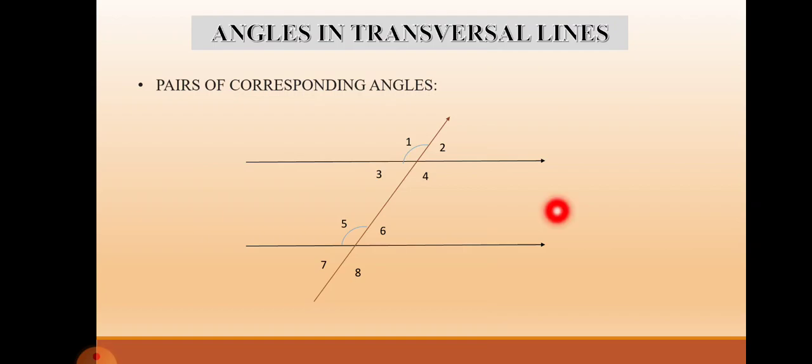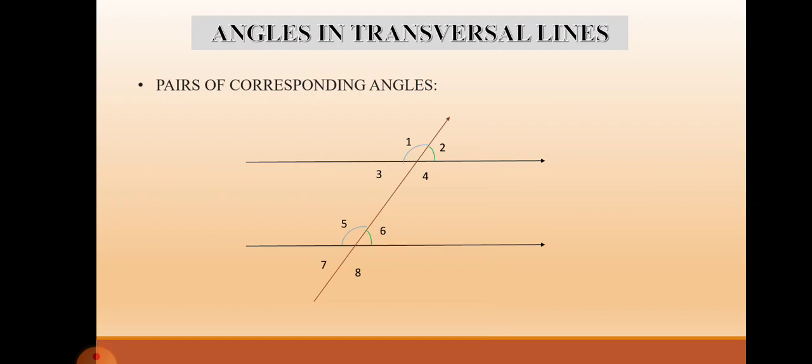Angle 1 is above this parallel line and 5 is above this parallel line, and 1 is on the left side of the transversal, and 5 is also on the left side. In the same way, 2 is on the right side above the parallel line, and 6 is also on the right side above.